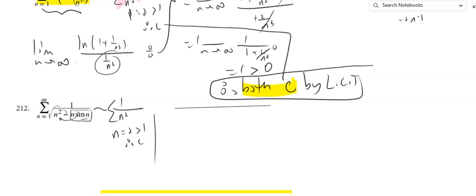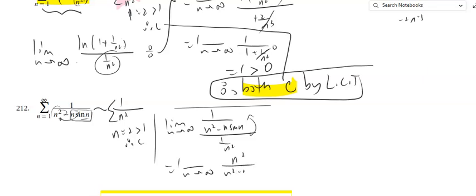Now, all I have to do is take the limit as n approaches infinity of 1 over n squared minus n sine of n divided by 1 over n squared. That ends up multiplying, and you can put those in any order you want. It doesn't matter. That ends up being n squared over n squared minus n sine of n.